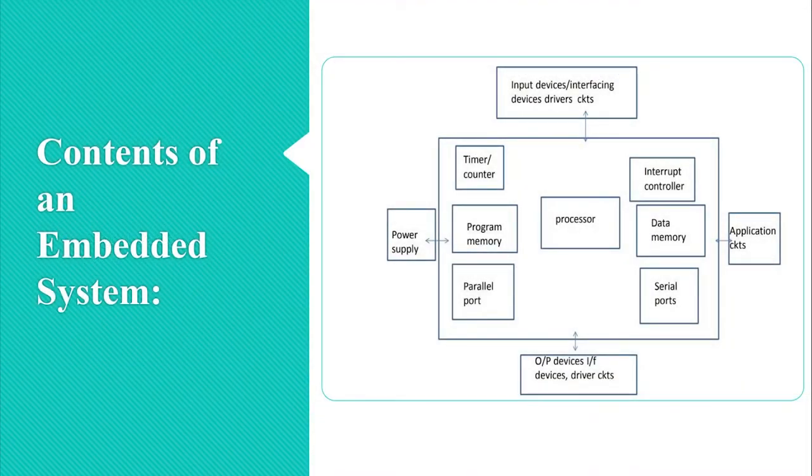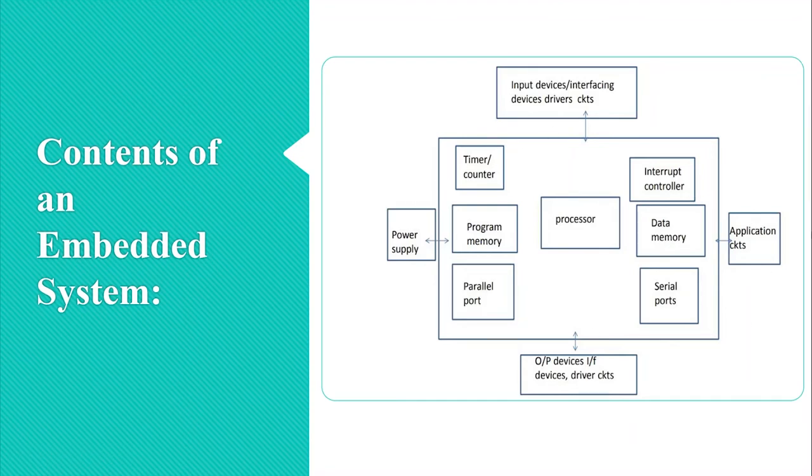Contents of an embedded system. This is a detailed block diagram of an embedded system. Which components are used in an embedded system? There are input interfacing devices, driver circuits, then the internal structure of a processor or input output peripherals, some timers, counters, program memory, parallel port, controller, data memory, serial ports, output devices, interfacing devices, driver circuits, application circuits and power supply.